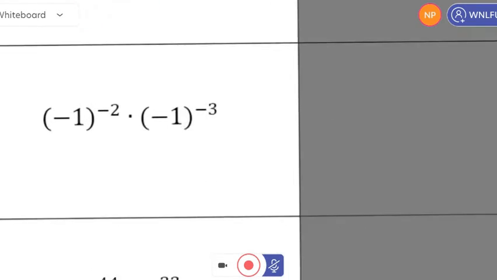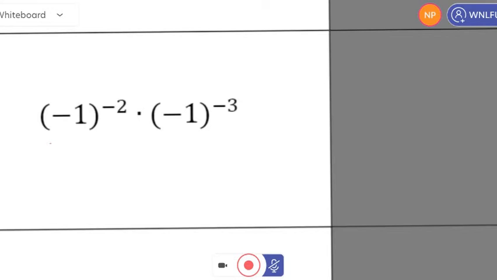Okay, next one, we have a base of -1, and we're going to add those two exponents together. So -2 plus a -3 is -5. So we have -1 as the base, and then -2 plus -3 is -5.